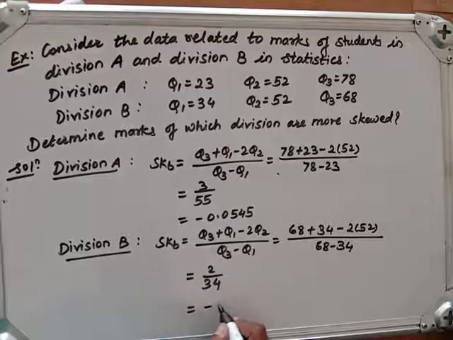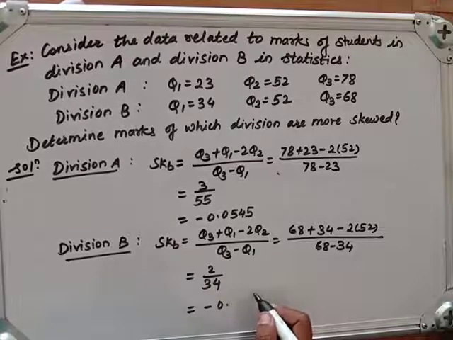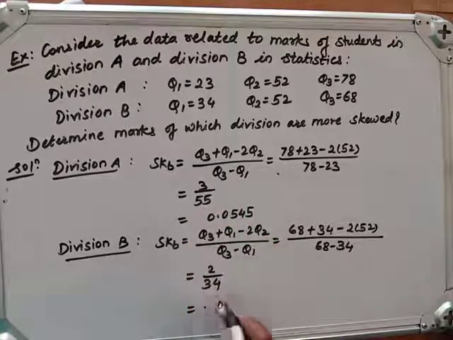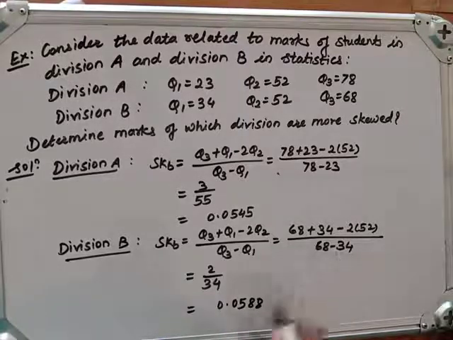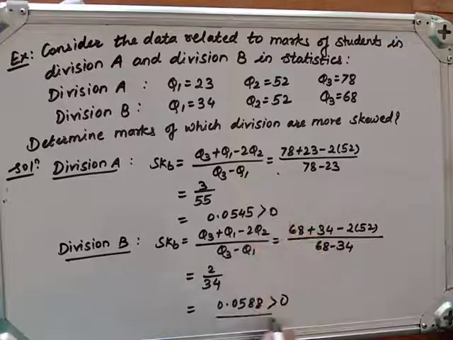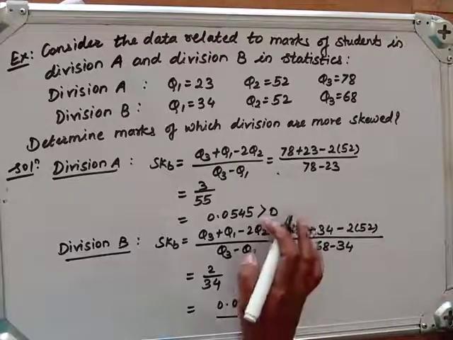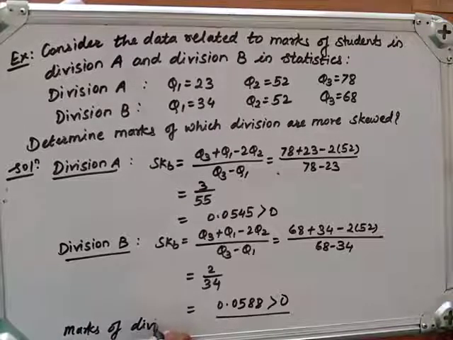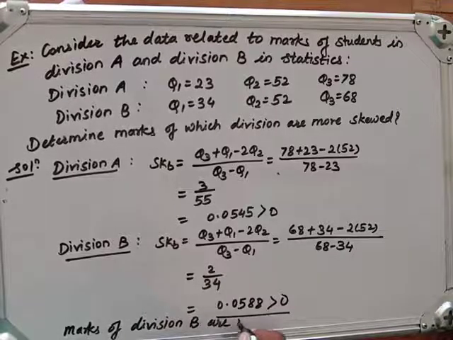So we get plus 0.0588. Now this is positive, but this is much farther, so we can say this is more skewed. So marks of division B are more skewed.